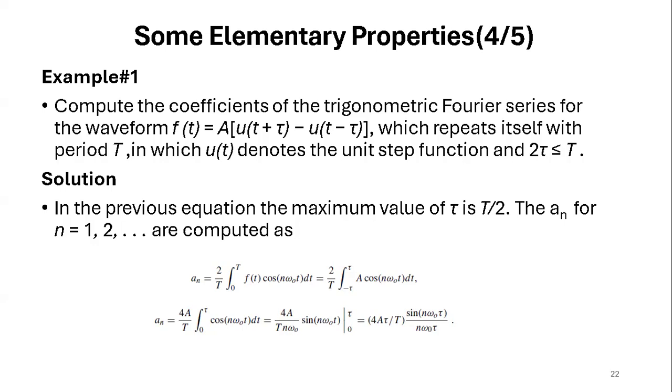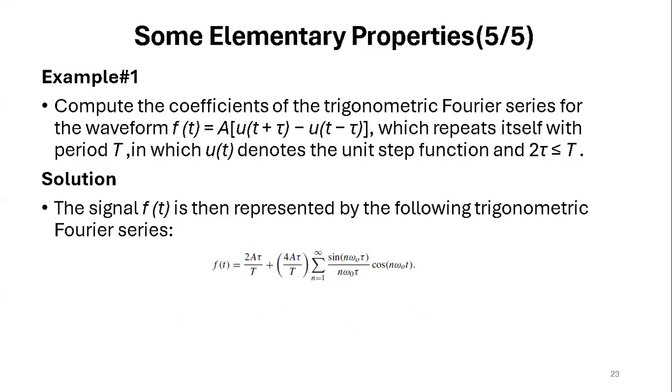The variable time shift, cos n omega t, integral of time shift, sin n omega delta t, limit of time shift, sin n omega time shift over n omega time shift.